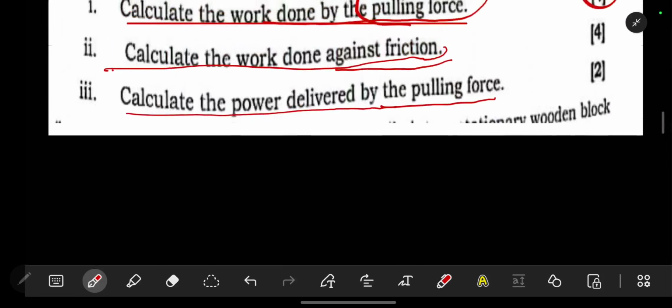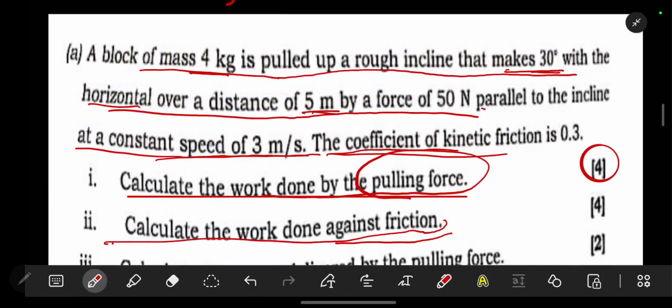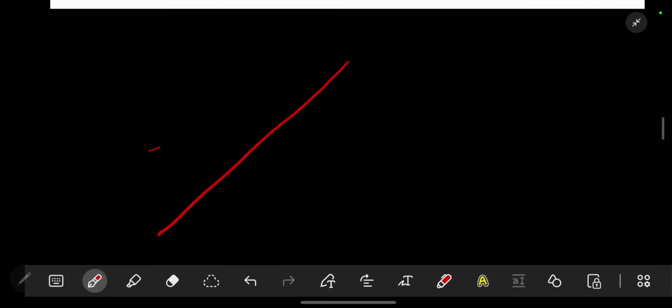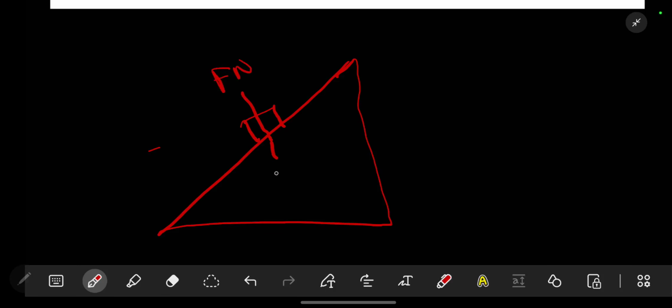To be able to solve physics problems, you have to create images. So we have a rough incline at 30 degrees. This is more like the general image. We have the rough incline, and we have the box. Then if we extend the box, on top we have the normal force. Remember, in your dynamics, the opposite to the normal force in this case is the mg cosine of theta.